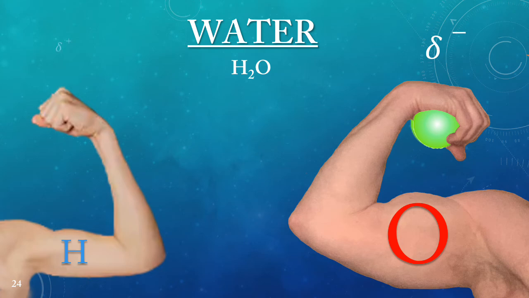There's a partial negative because the oxygen has a negative charge, and a partial positive because the poor hydrogen doesn't have any electrons, so he's kind of just a proton all by himself, which is positive.